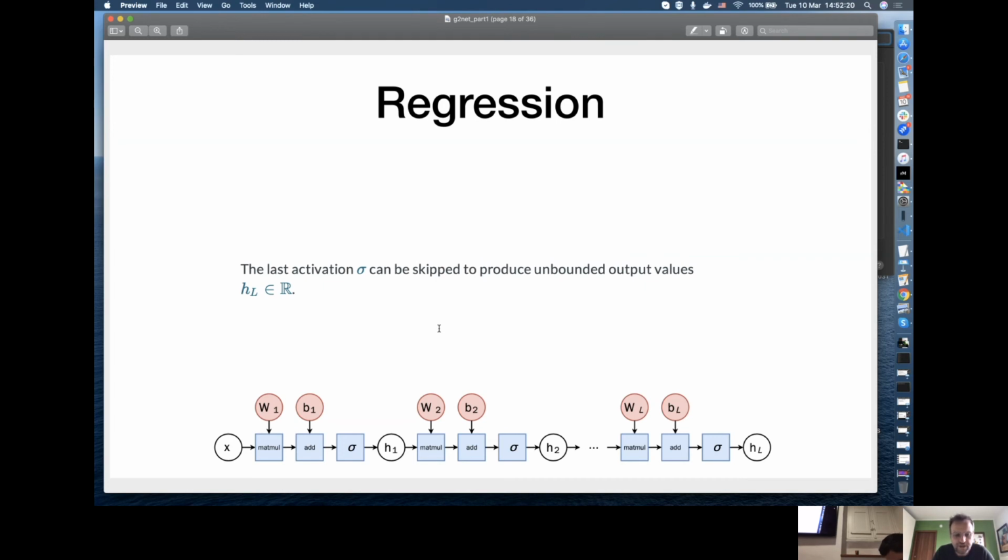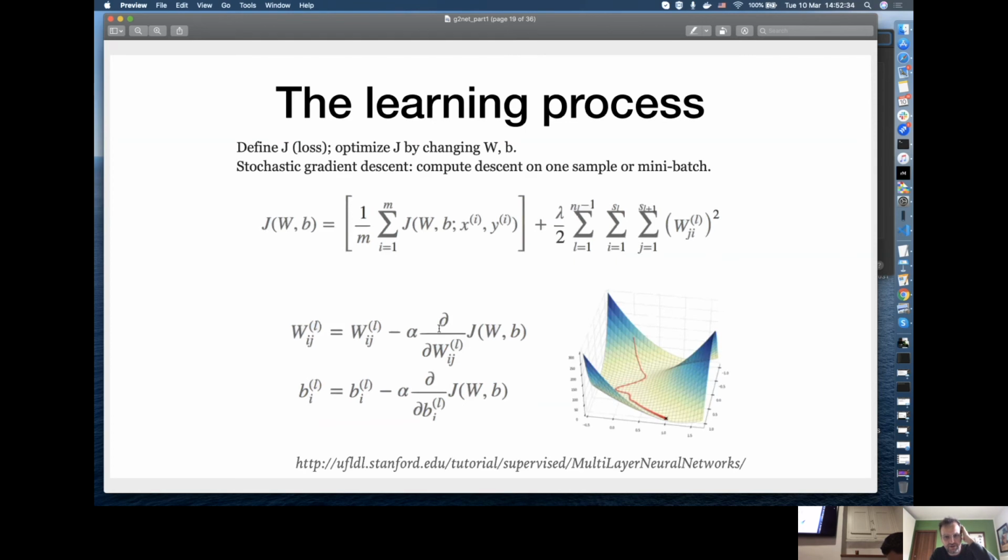Okay, so what induces these networks to assume a certain behavior, like regression or classification, apart from the fact that we can impose that numbers at some point sum up to 1, is the learning process. So you have to define a loss function, and the learning process will drive the network towards minimizing that loss function. And the way we do it is not through very sophisticated optimizers.